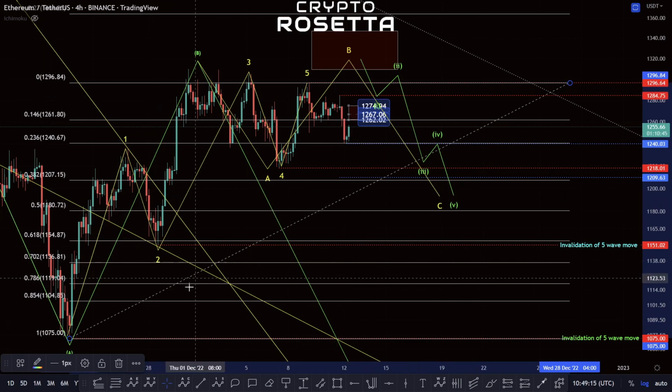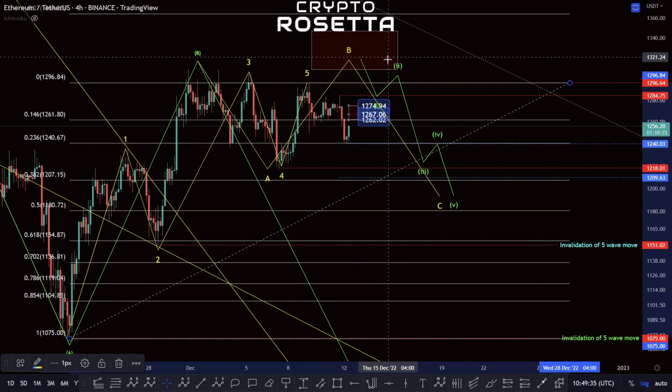But I think it's neater as an ABC to the upside here, or separate 5-wave moves and then looking for that continuation up. Though that being said, should we be continuing up, we'd want to start to see this thing gear up a bit. Obviously it would take some time to set up the 1-2s, but basically after that we'd want to start seeing some impulsive movement off this if it was looking for the bullish potential.